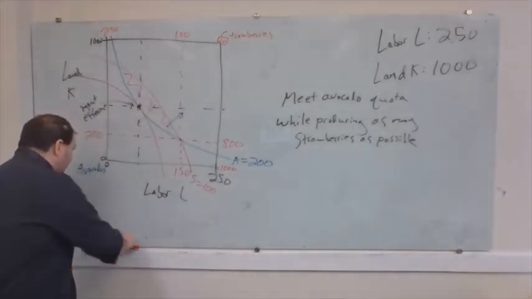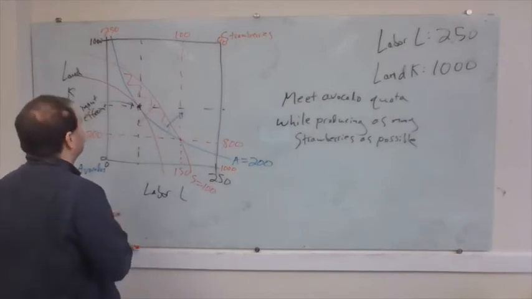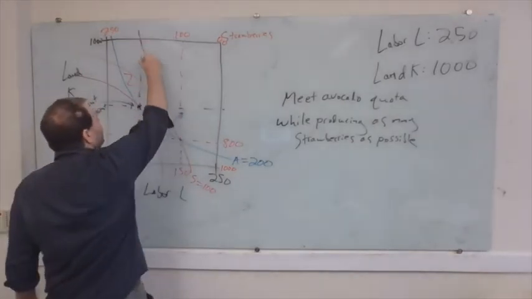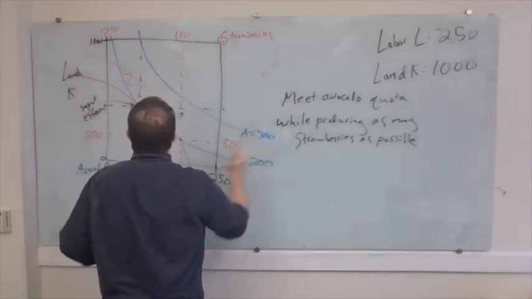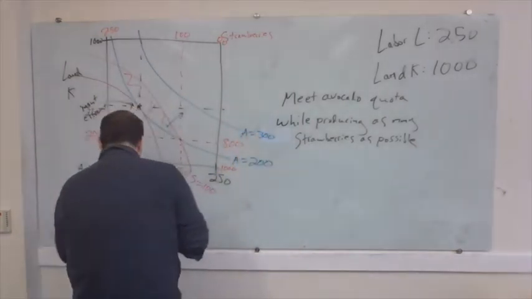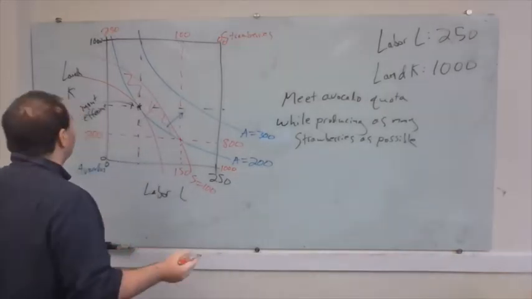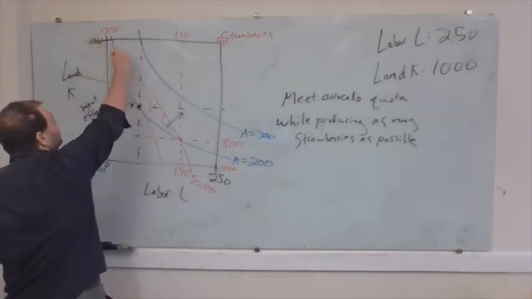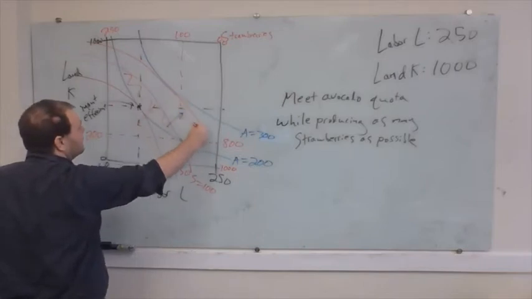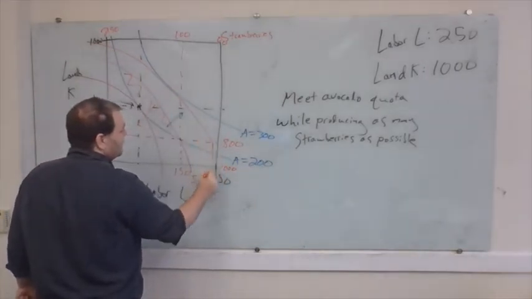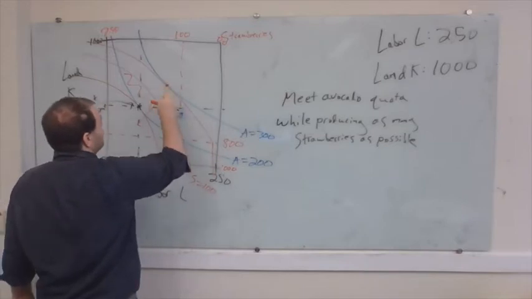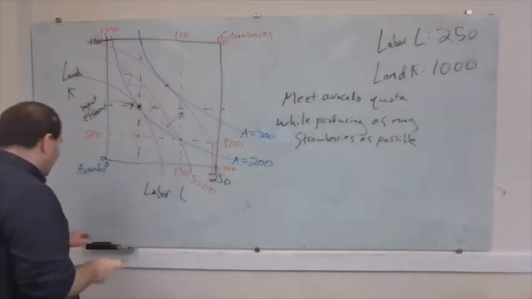What if our bosses set an avocado quota of 300? Right, then we would have drawn an isoquant for A equals 300, and we would have wanted to find the input efficient way of producing 300 avocados, right? We would have ended up saying that our input efficient way of growing 300 avocados was something like this.